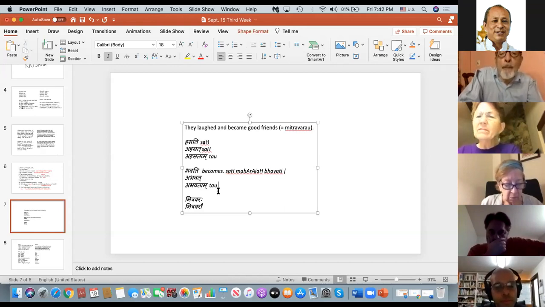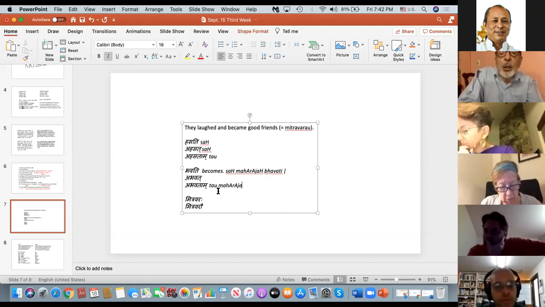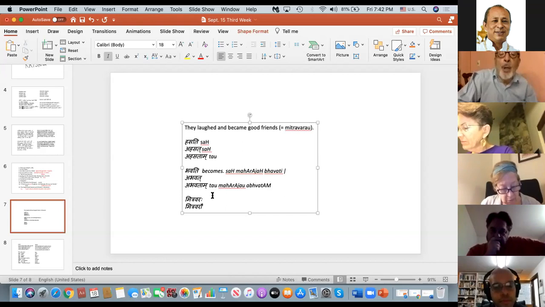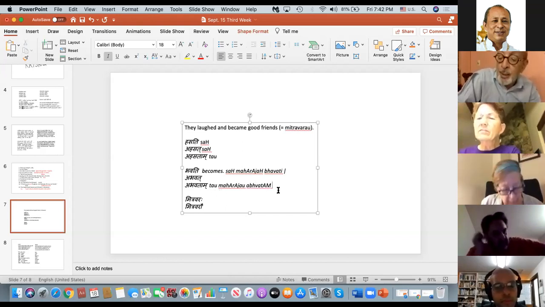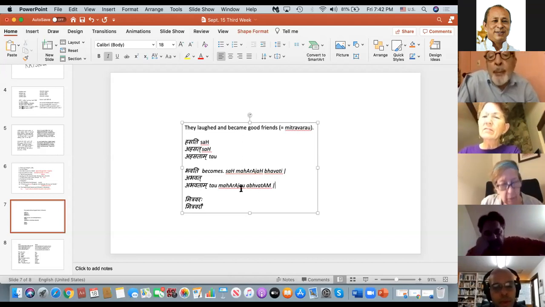Tau maharajau abhavatam. Two of them became Maharaja.